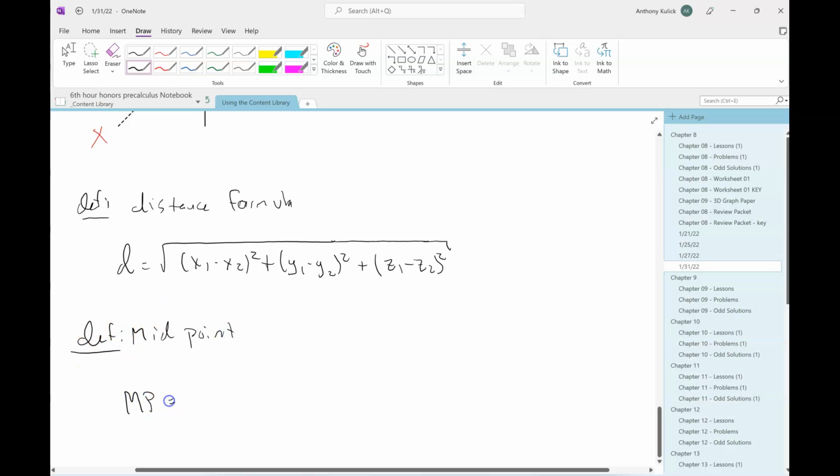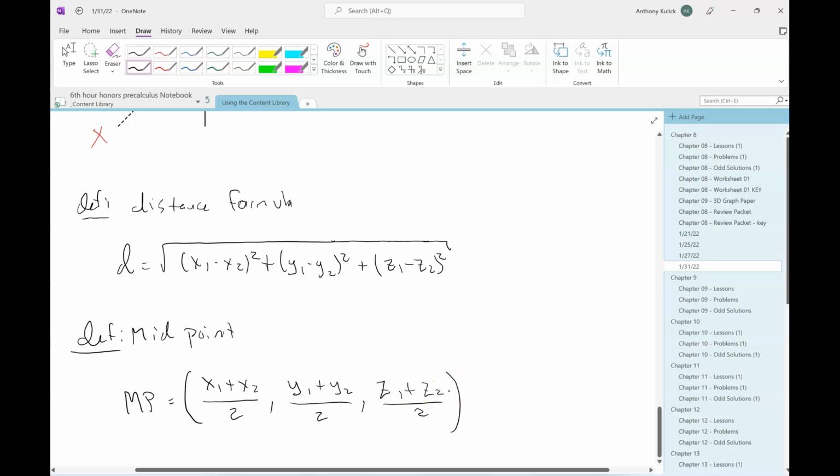So our midpoint in 2 dimensions was x1 plus x2 divided by 2, and then y1 plus y2 divided by 2. But in 3 dimensions, we also have a z component, but that's not a big deal.